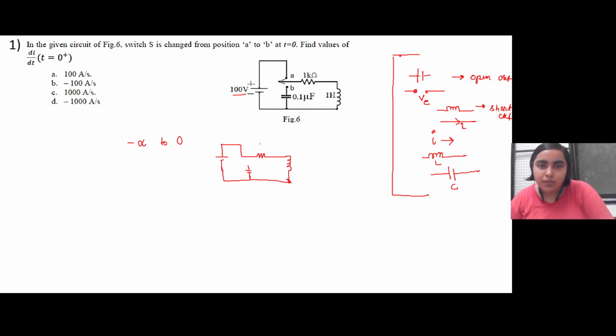This is a 1 kilo ohm resistance, 1 Henry is the inductance, and the voltage is 100 volt. So from minus infinity to 0, this was the circuit. Basically it has attained a kind of steady state, so this inductor acts as a short circuit.